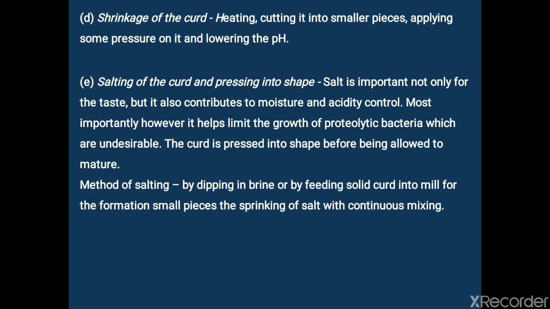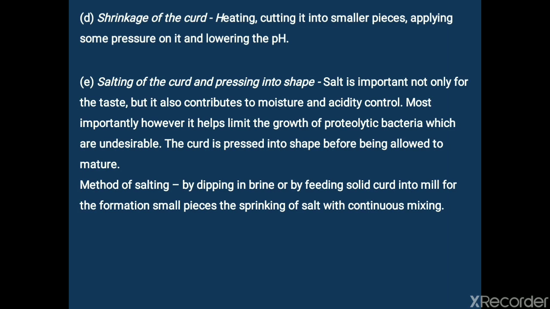Next step is salting of curd and pressing of curd in order to prepare blocks of particular shape. Salt is important not only for the taste, but it also contributes to moisture and acidity control. Most importantly, however, it helps to limit the growth of proteolytic bacteria, which are undesirable. The curd is pressed into shape before being allowed to mature.